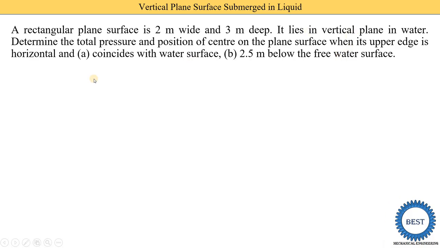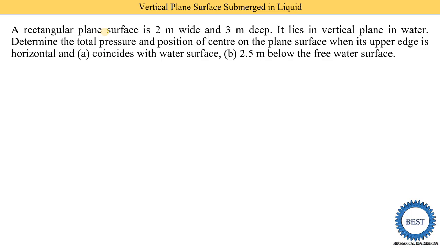This vertical plane in water is one of the given data to solve the numerical. We need to determine the total pressure and the position of the center on the plane surface when its upper edge is horizontal. Means we need to find two parameters: one is the total pressure, second is at which point the total pressure force acts. Means we need to find F and h star.